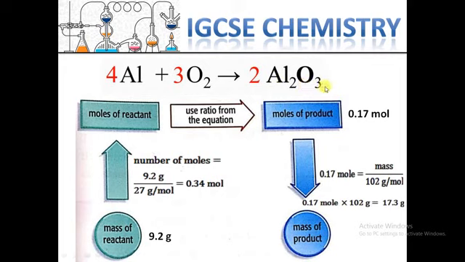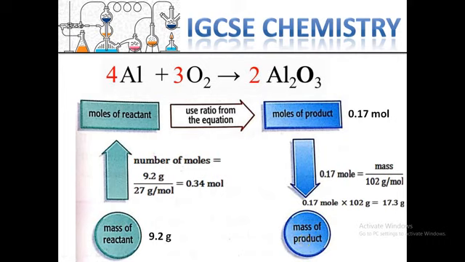We have 2 aluminum, we have 3 oxygen. The total is 102 gram per mole, which you can take from the periodic table. The number of mole is here, so these two can be multiplied: 0.17 mole times 102 gram, and the amount of mass is 17.3 gram, the amount of mass of products.